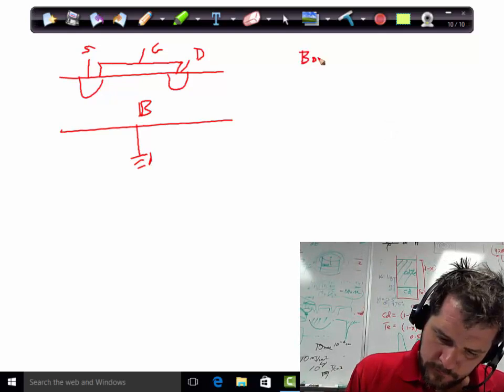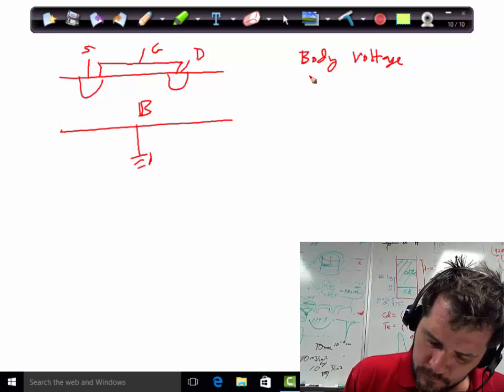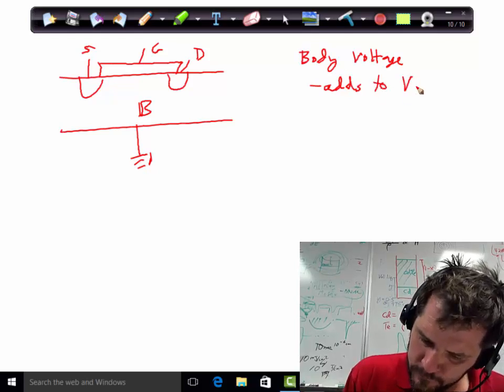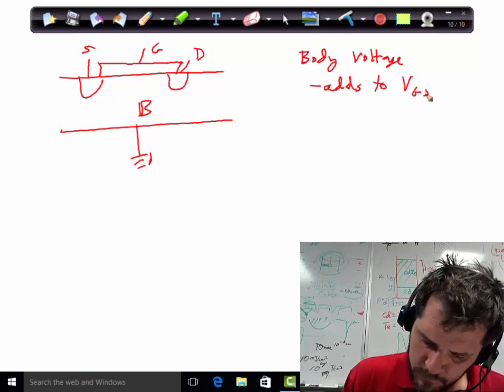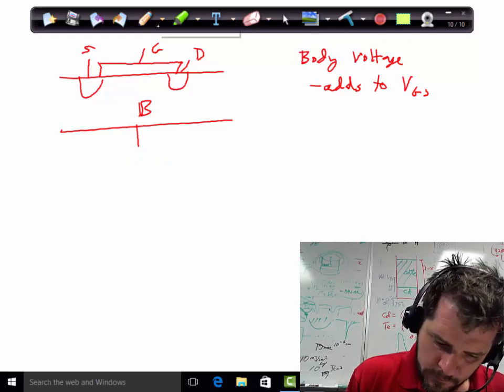So the body voltage, sometimes called base voltage too, sort of adds to the V gate, but excuse me, let me erase that. We're no longer assuming that we're grounding it.